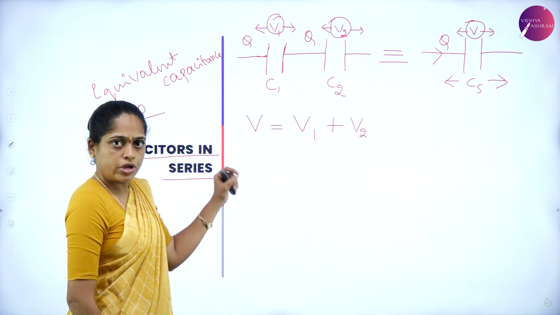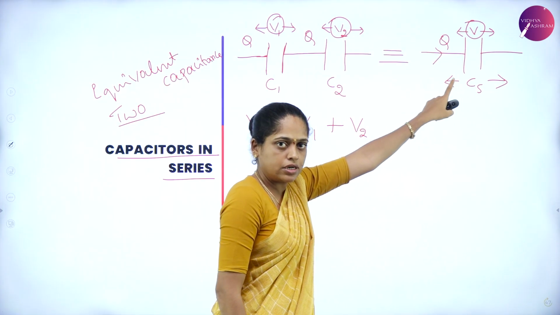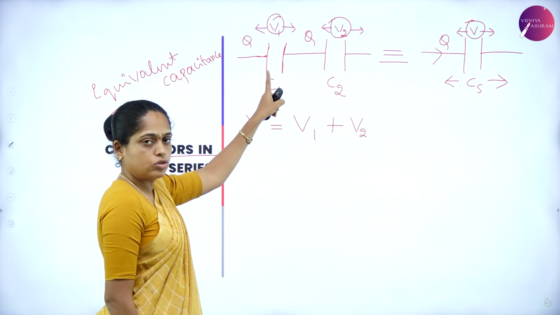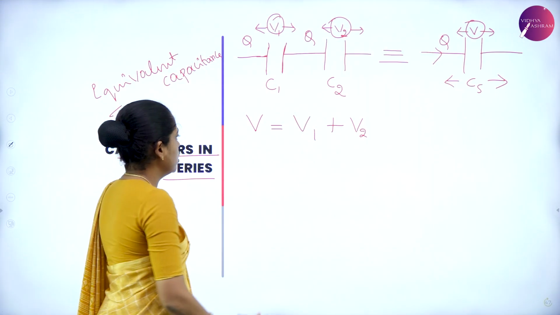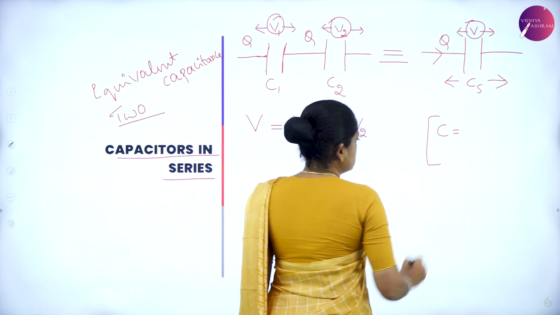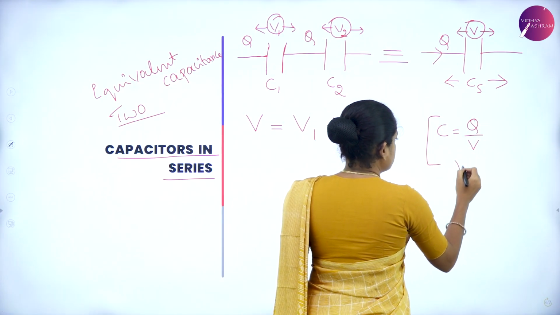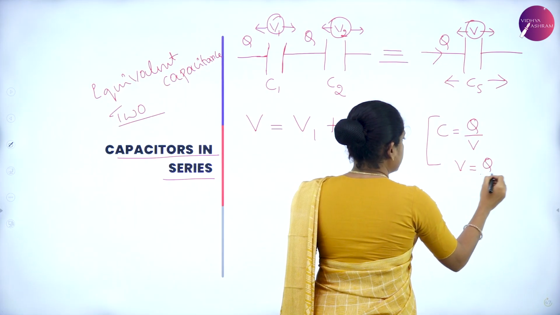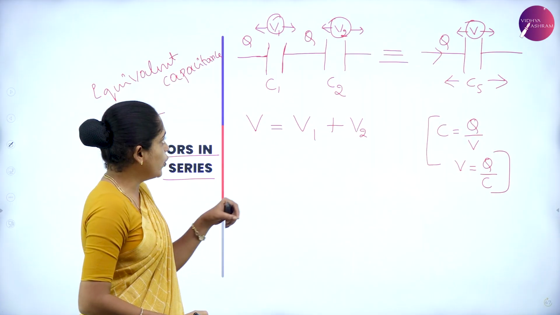The V is the potential difference across the equivalent capacitor, which is equal to the capacitors in combination. Now, what is V equal to? From the capacitance C, we have Q by V. From this, V is equal to Q by C. So, what is the expression for V in terms of Q and C?